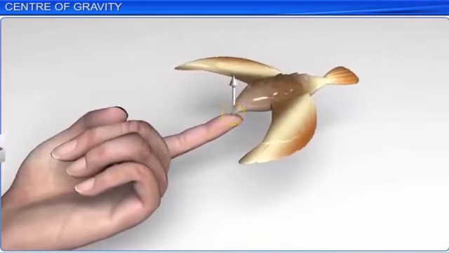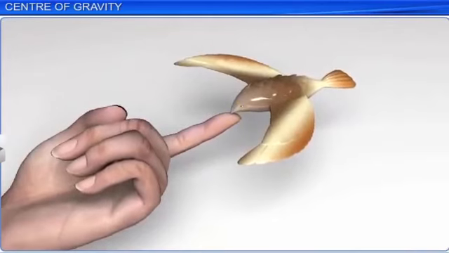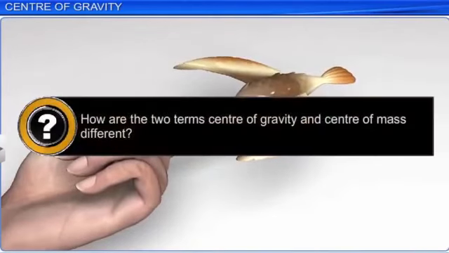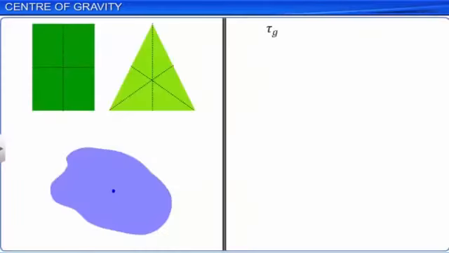How are the two terms, center of gravity and center of mass, different? In the equation, tau g is equal to sigma tau i, which is equal to sigma Ri cross Wi, Wi is the weight of the ith particle and is equal to mi into g. Then, tau g is equal to sigma Ri cross mi g, if g is the same for all particles.